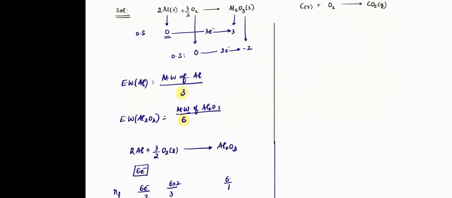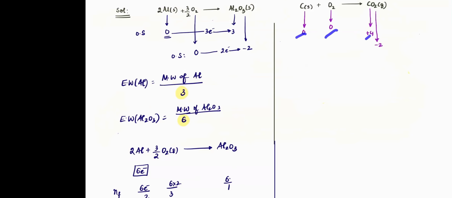On similar lines, check for oxygen here. For oxygen we have 0, elemental form. Here carbon has +4 oxidation state, while oxygen O2 in elemental form is 0. For two oxygens, that is -2 each.